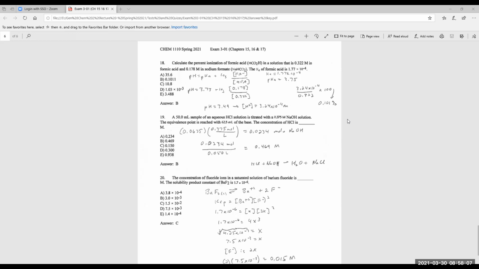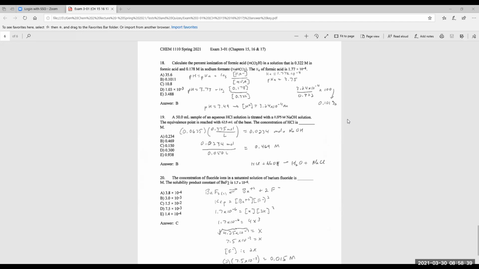So first thing you wanted to do was calculate how many moles of hydroxide you titrated in, 62.5 mL of base. So you take the mL, convert it to liters, and then multiply it times the molarity, that gives you the moles of base that were used in the titration.